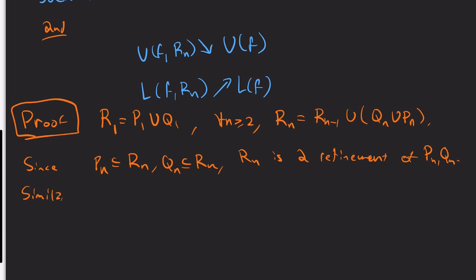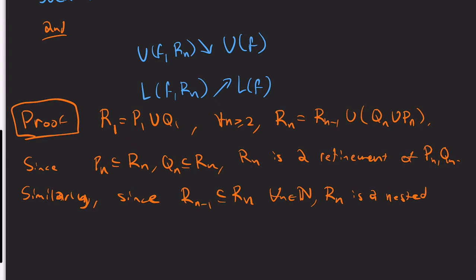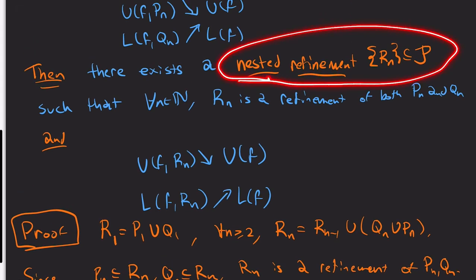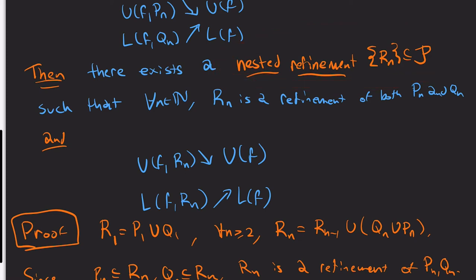Similarly, since Rn minus 1 is contained in Rn for all n, Rn is a nested refinement. Okay, so we've now shown that Rn is a nested refinement, and that at each level we refine Pn and Qn.